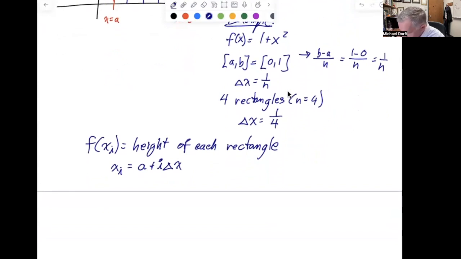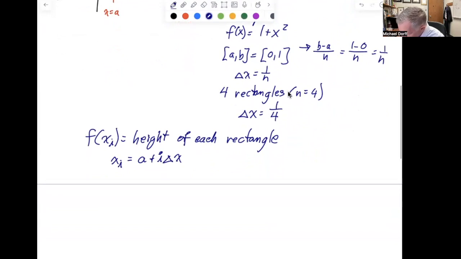The x sub i is going to be on the base of the rectangle, and that will give me my x value. And this is going to signify the right endpoint of each rectangle.